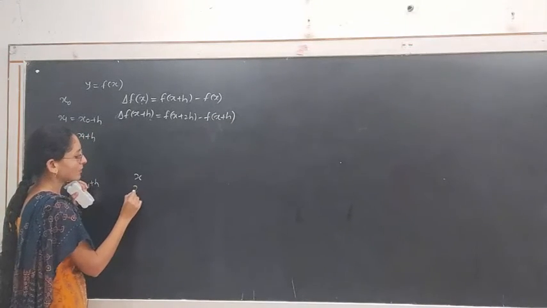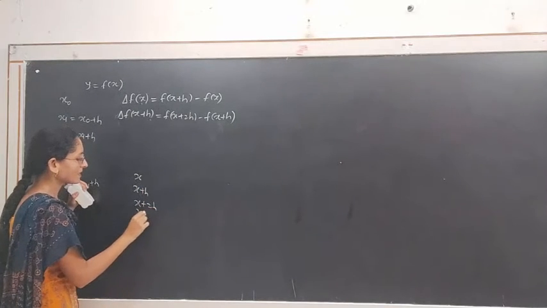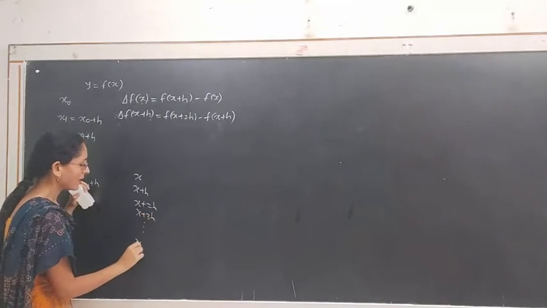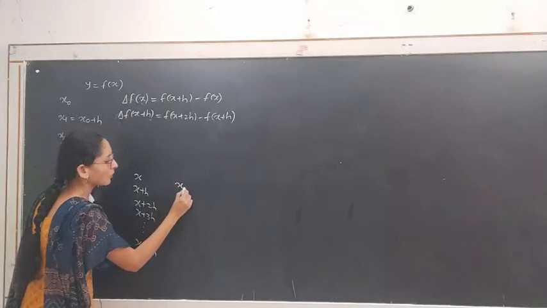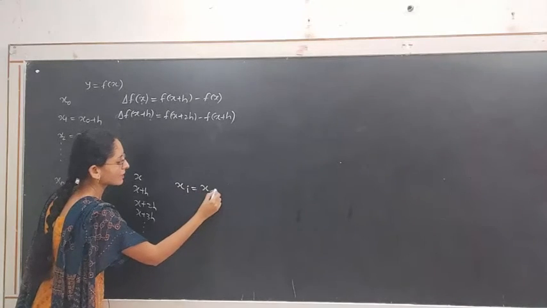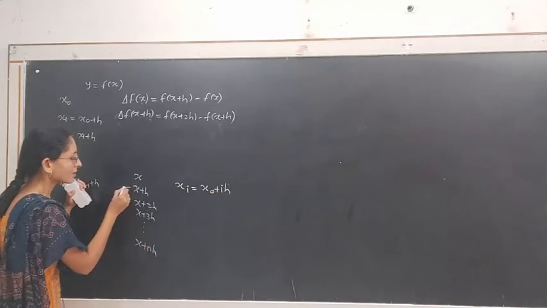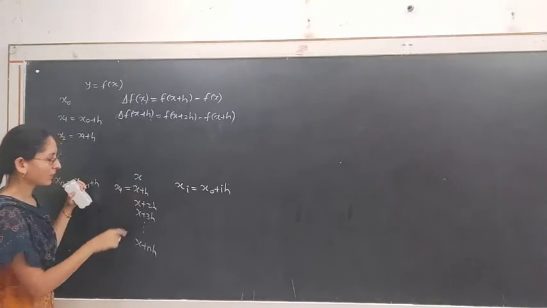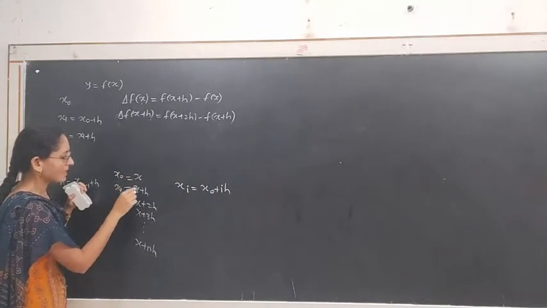x is the initial value, the next value is x plus h, x plus 2h, x plus 3h up to x plus nh. The value xi is obtained by using x0 plus i into h. This is the value of x1 obtained by using x0 plus h.